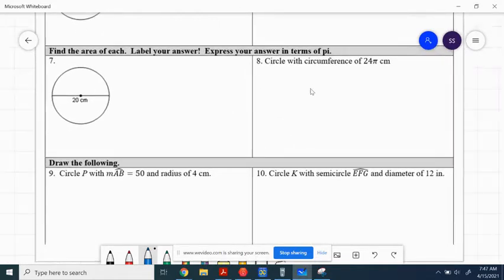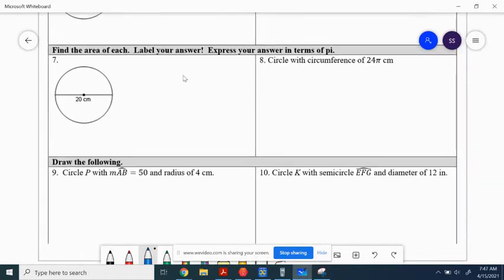Okay, so these ones we need to leave in terms of pi. These ones are actually a little bit easier, I think. So we're finding area. So area formula is pi times radius squared. And they gave us the diameter. And we know that radius is half the diameter.